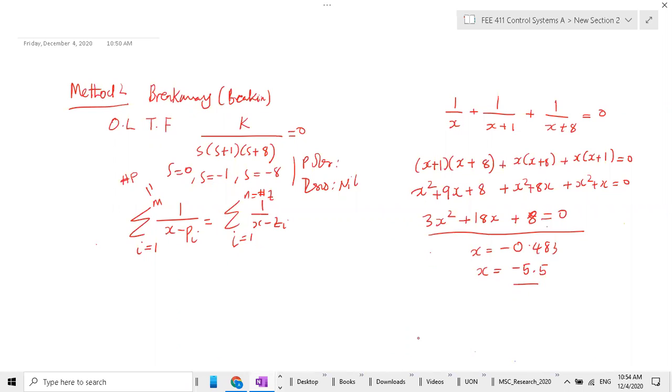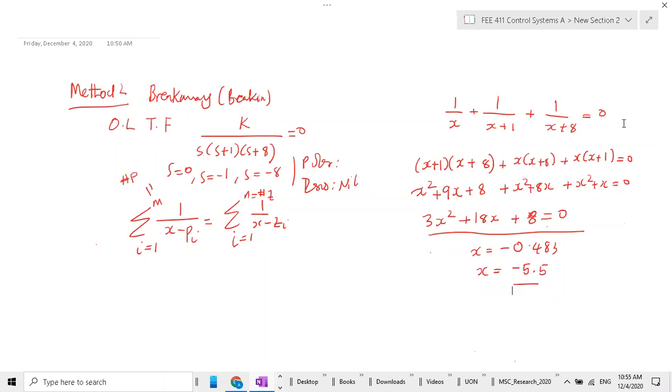So you can get K and do dK over dS, differentiate, or you can do it this way. If you have a zero here, then you equate the same way, with the zero term on the other side. Like if you have a zero of -1, then on the right hand side of the equation you have 1 over X plus 1.